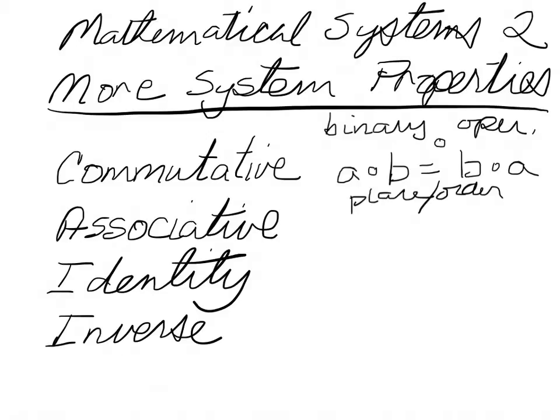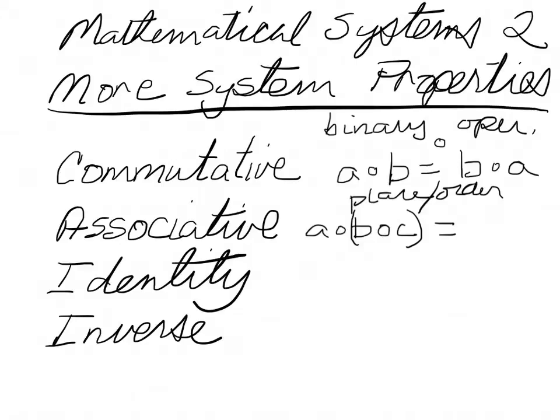The associative property: if I have three elements, then I'm going to have A operated with B operated with C, and we're going to operate B and C together first.